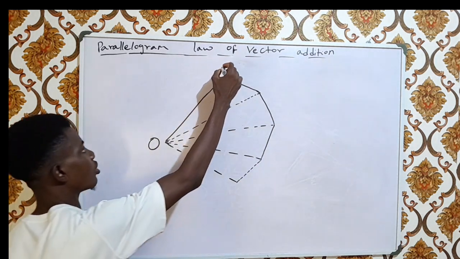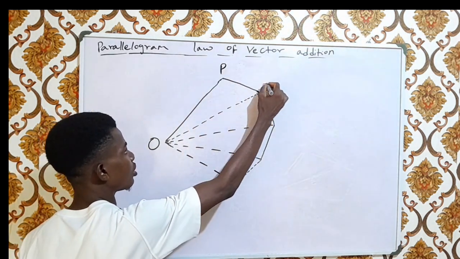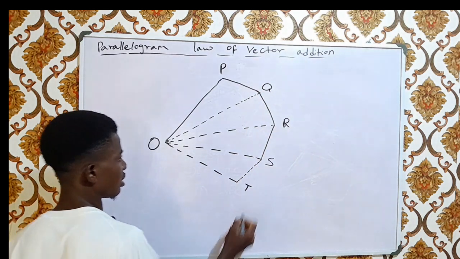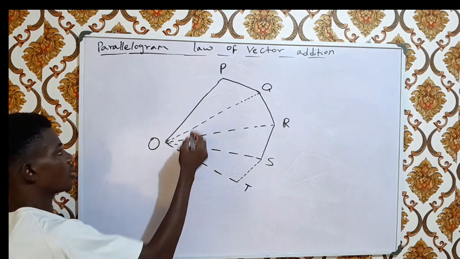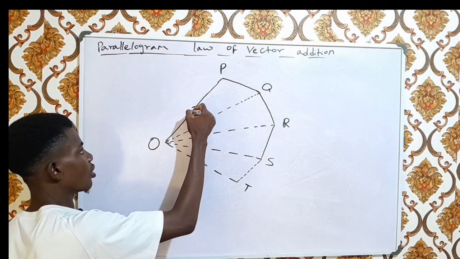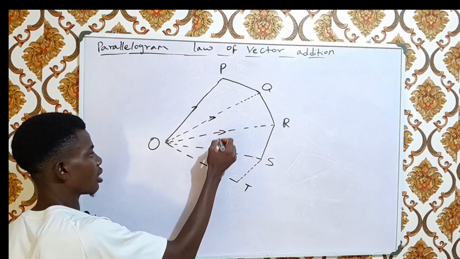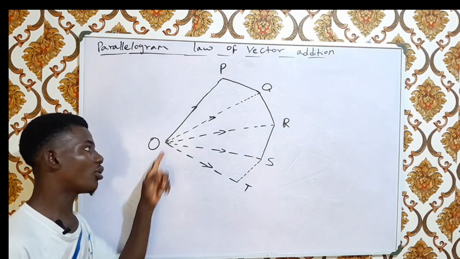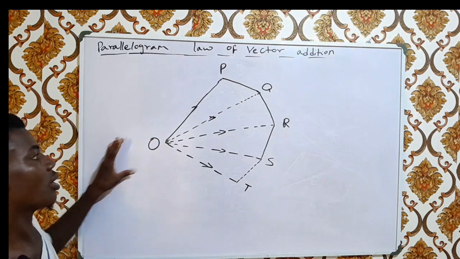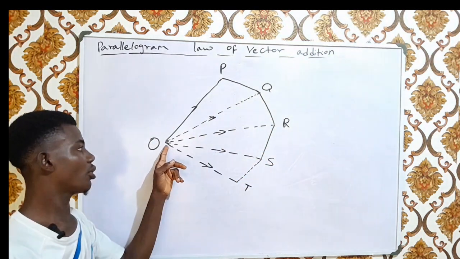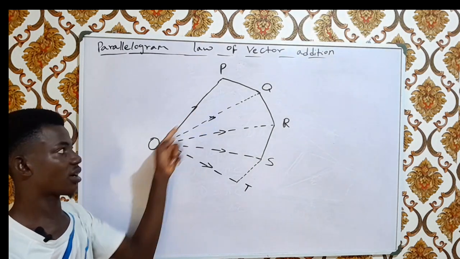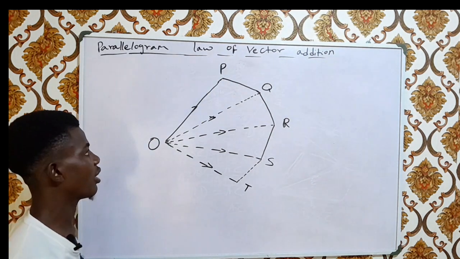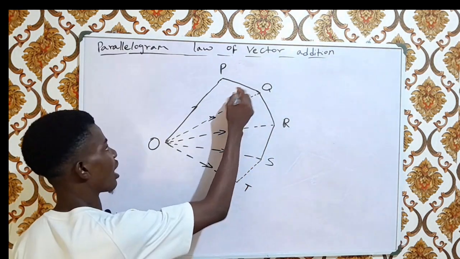Now, let's go here O, P, Q, R, S, T. Now watch this. Note that all vectors are coming out from the origin. All these vectors are moving out from the origin, which is why all these vectors are called position vectors in our last class.